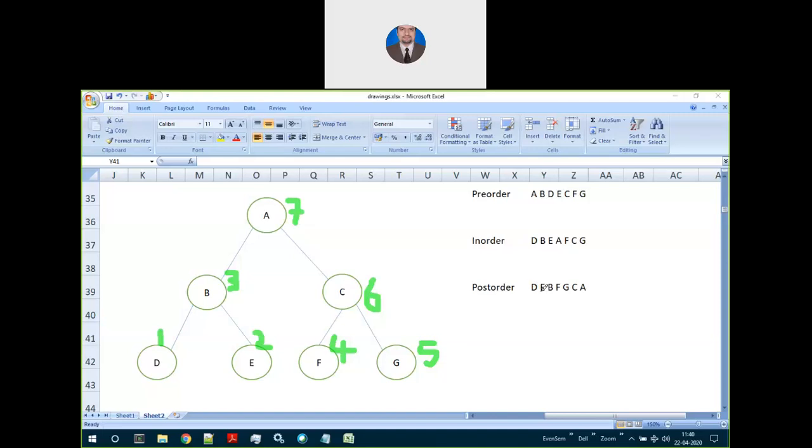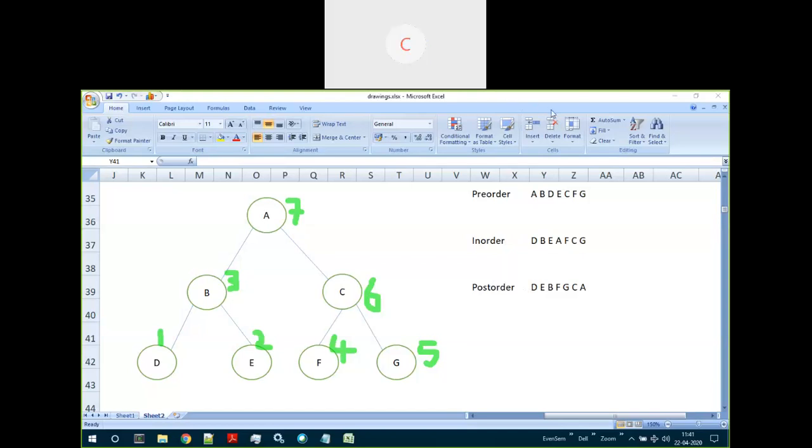So the traversal here in post order is D, E, B, F, G, C and A. This way, we can have the post order traversal. I hope this particular concept is understood, the traversing of the trees.